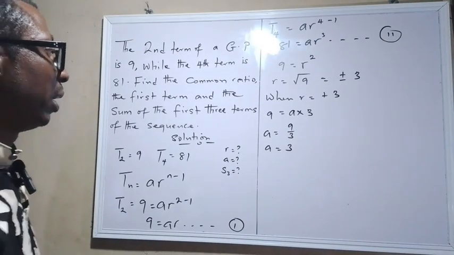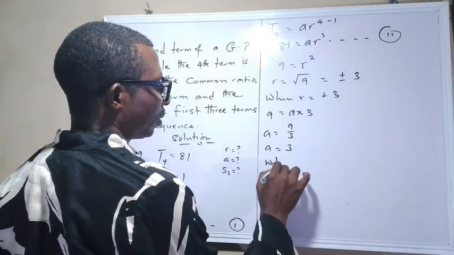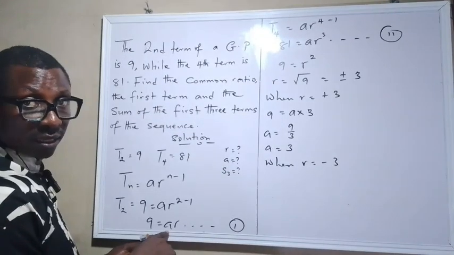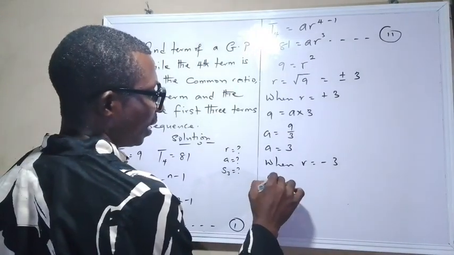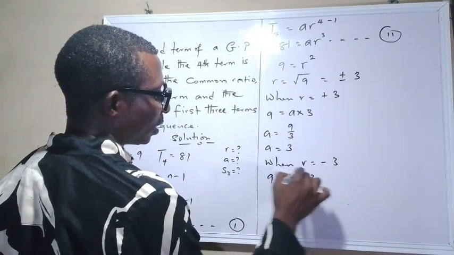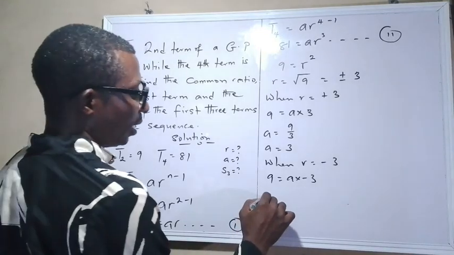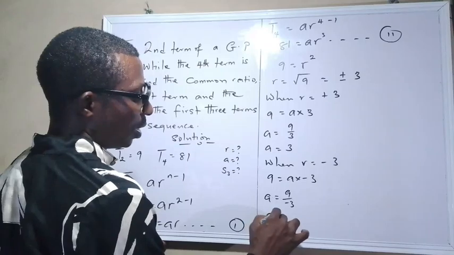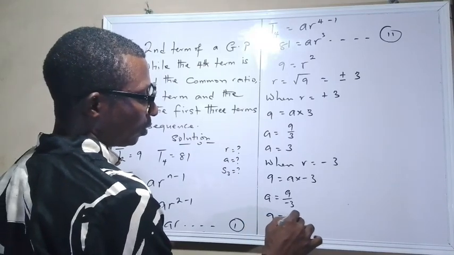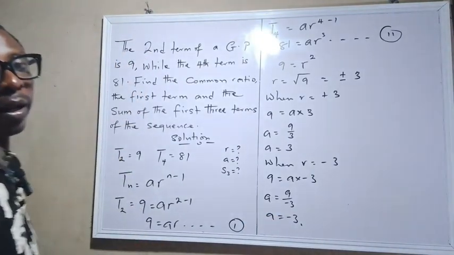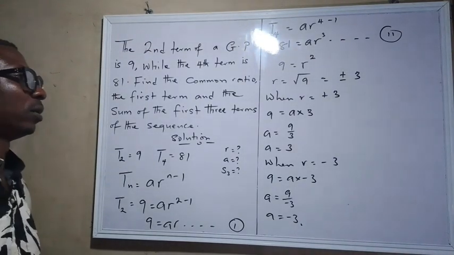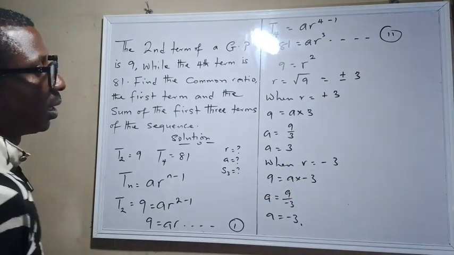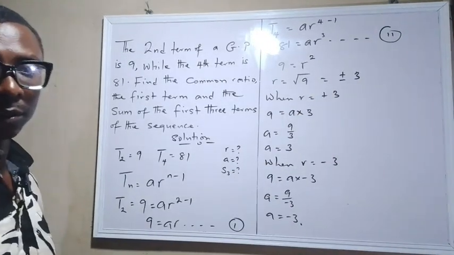Now when R equals minus 3, we substitute inside this equation as well. So we have 9 equals A times minus 3. That means A will give you 9 divided by minus 3. So A equals minus 3. So we have two answers for the first term and two answers for the common ratio.